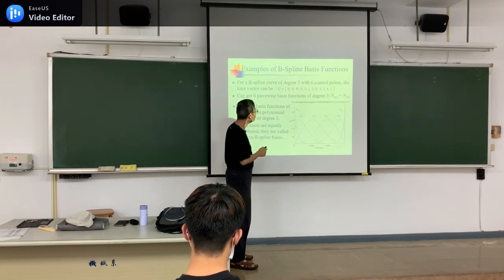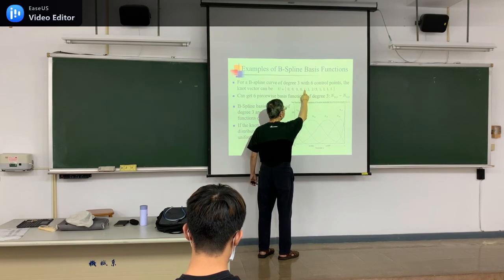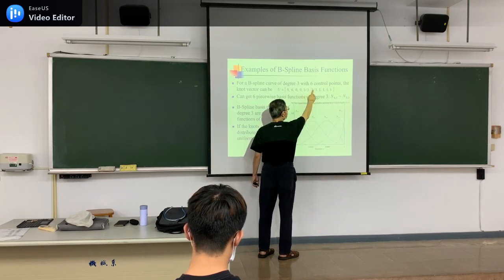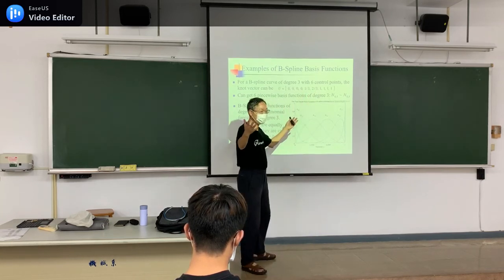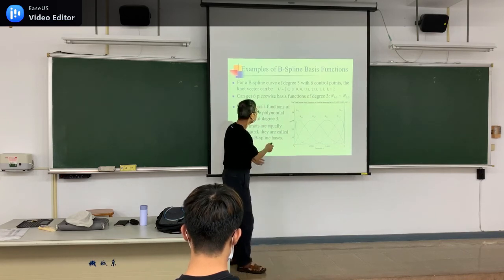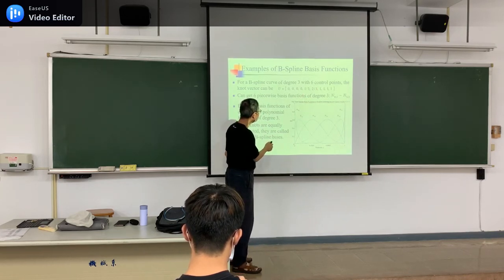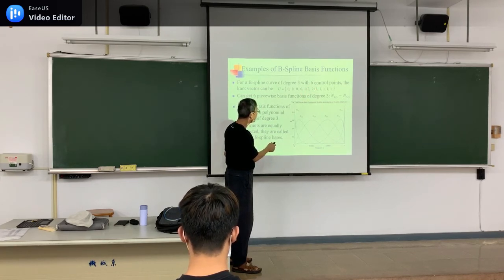In other words, you cannot take 2/3 here and 1/3 here. You cannot do this. But you can take, for example, 0.1 and then 0.7. You can take it this way, not equally spaced. Here we are equally spaced: from 0 to 1/3, and 1/3 to 2/3, and 2/3 to 1.